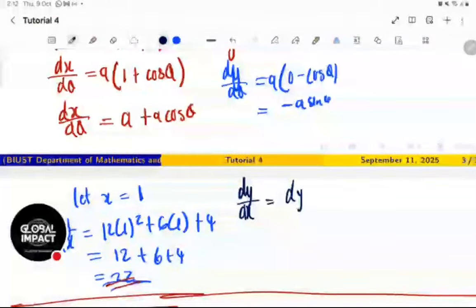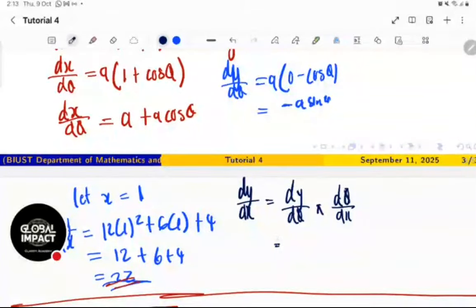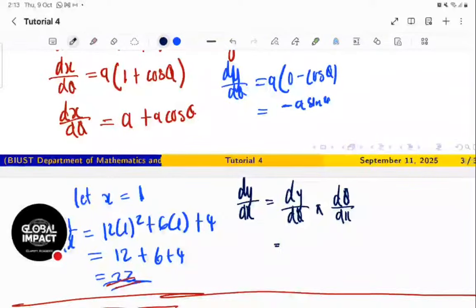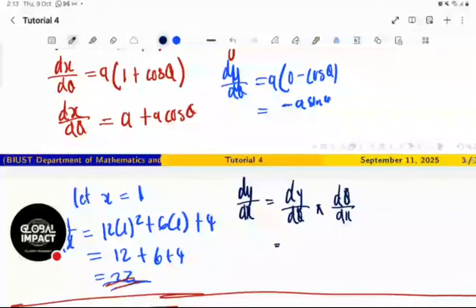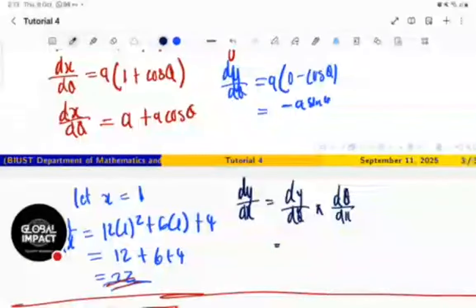So it is going to be dy/d theta times d theta/dx.